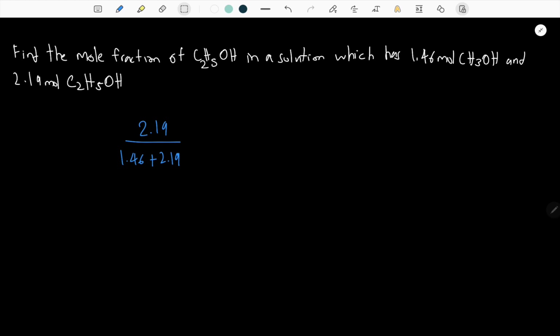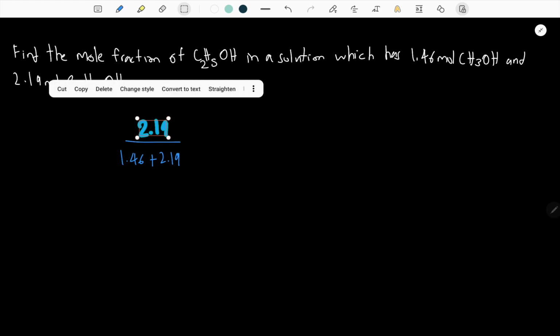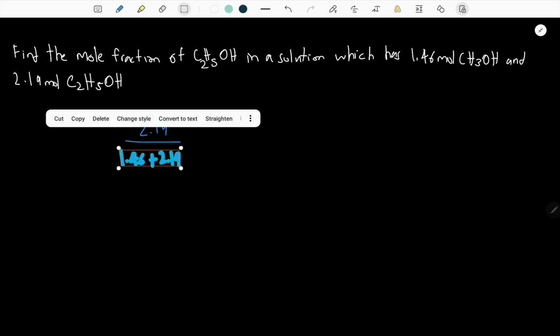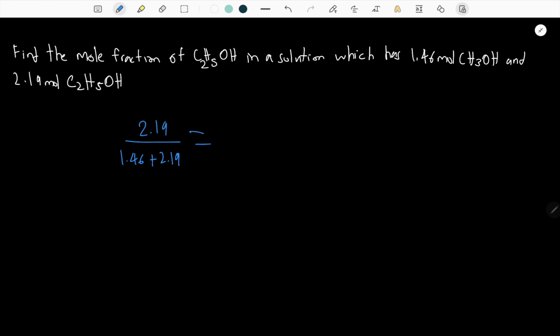Just apply the formula here. It's going to be the moles you're trying to find over the total moles. This is very easy, and you can just solve this and you will get the answer of 0.6. So this is the final answer.